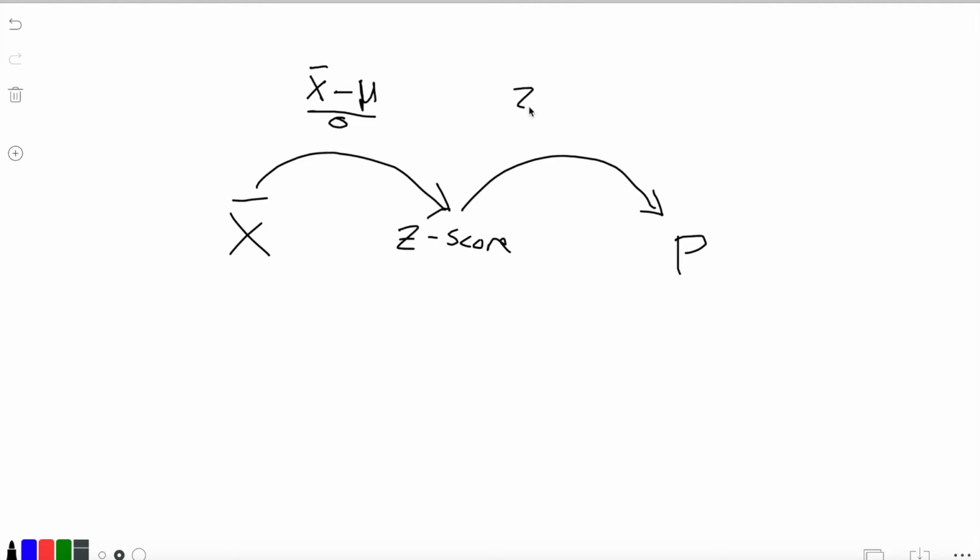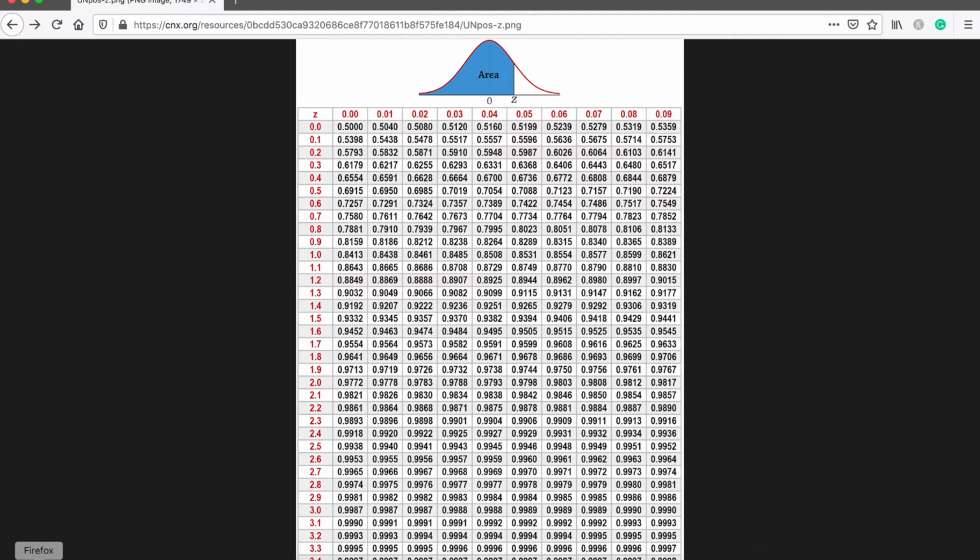The answer is our z-table. So really briefly, we can look at this z-table here, and we can start by looking at these columns and these rows here. Now your z-table might look different, that's okay. Same idea. Essentially, let's say we have a z-score of 2.01. So what we do is we start with these rows.